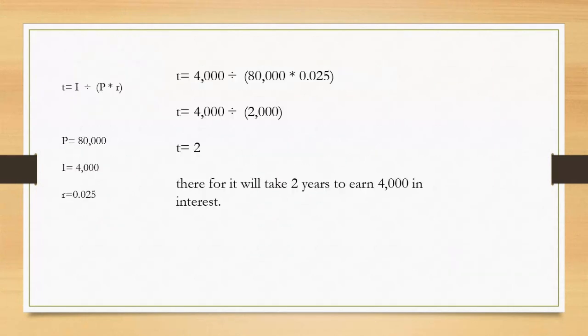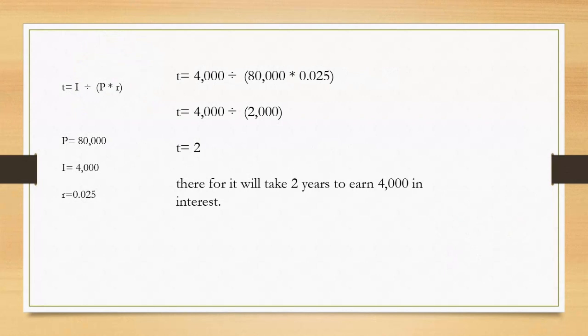Okay, we're gonna find time right here. P is 80,000, I is 4,000, R is 0.025. Now let's divide 4,000 by 80,000 times 0.025, which is 2,000.